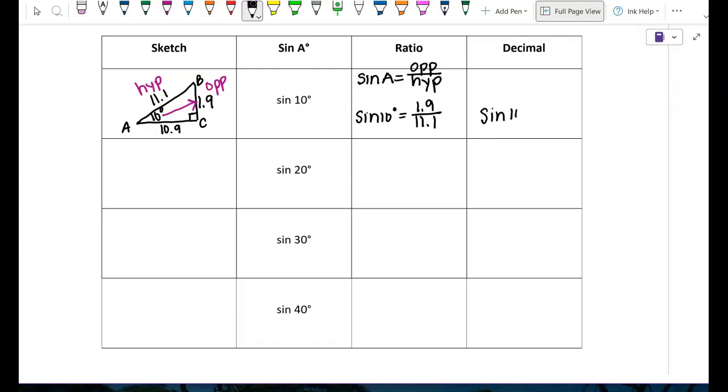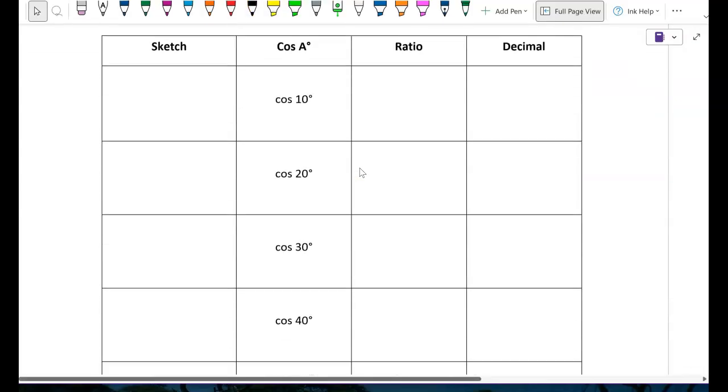So the sine of 10 degrees is 0.171. Now again, I can use that exact same triangle for cosine. So I'm going to scroll down to cosine, redraw that exact same triangle down in cosine of 10 degrees.